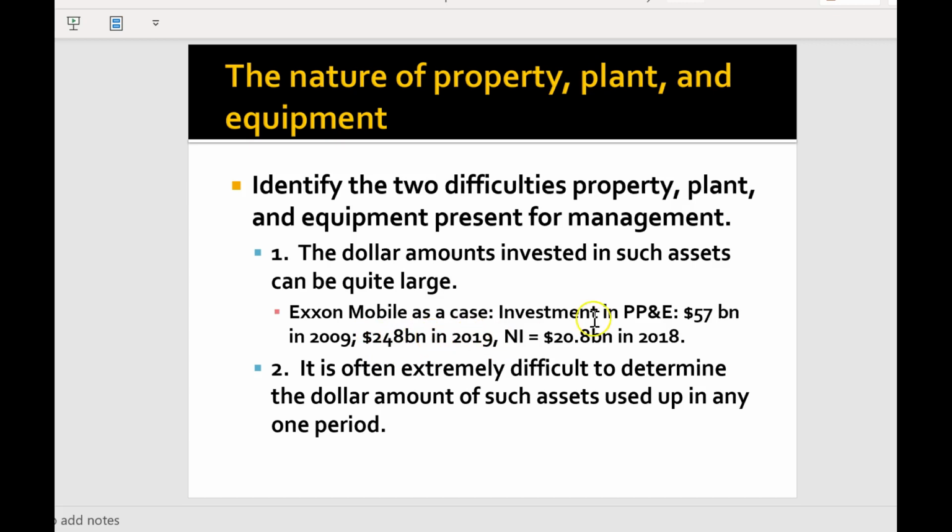Now look at how much ExxonMobil earned every year. In 2018, ExxonMobil's net income is only 20.8 billion. So you can see PP&E represents a huge investment compared to how much net income ExxonMobil earned during the last year. So it is a huge chunk of money.